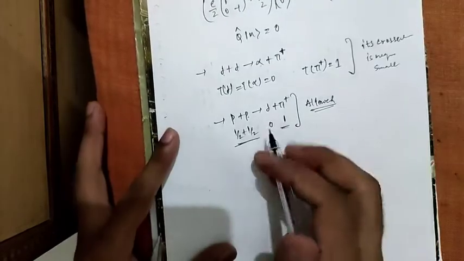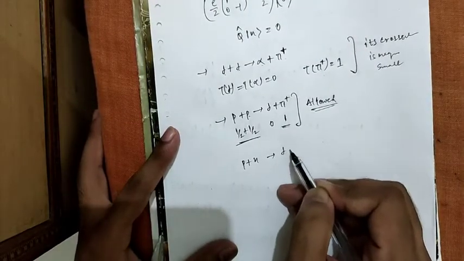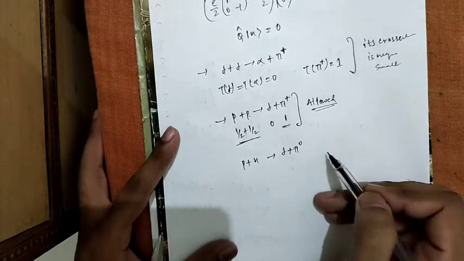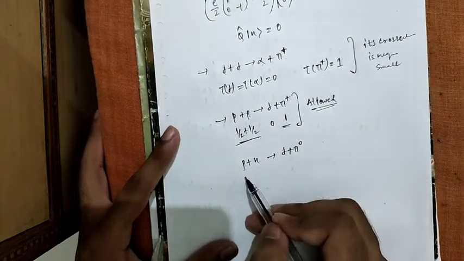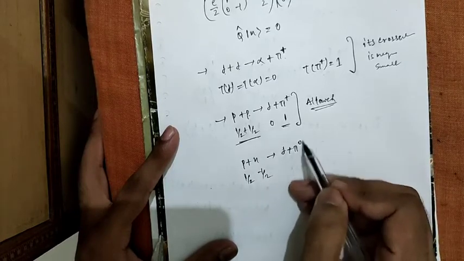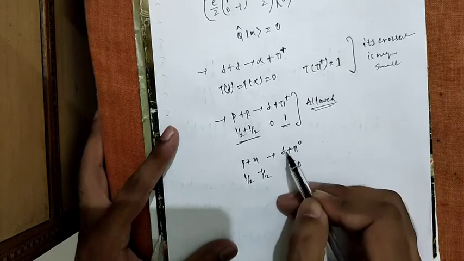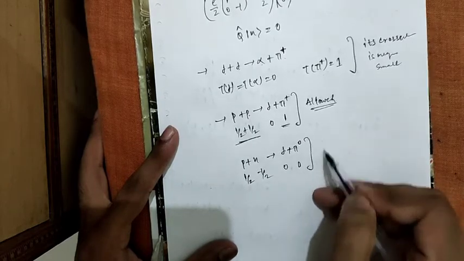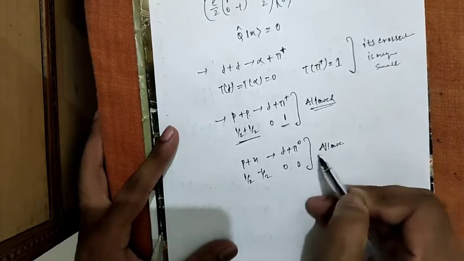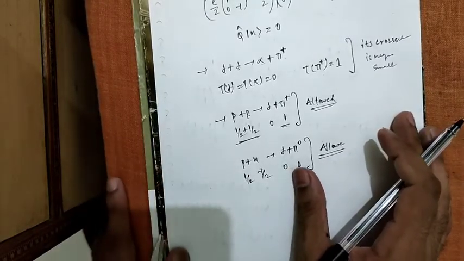The third one is proton plus neutron, which gives D plus pion 0. With proton half and neutron minus half, and pion 0, the isospin is 0, and for D the isospin is 0. This is also an allowed reaction because isospin is conserved.